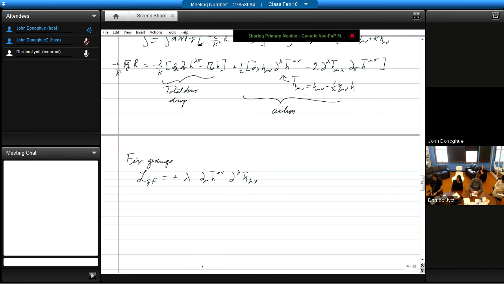Okay, it's a scalar. Remember, the harmonic gauge condition was basically d mu h bar mu nu equals 0 with that definition of h bar. So if I take lambda equals 1 here, this is going to be harmonic gauge.